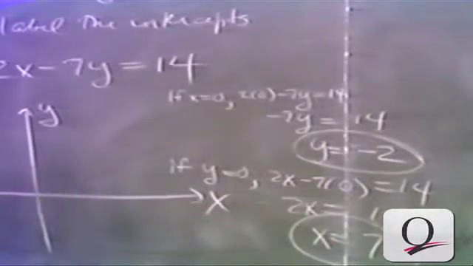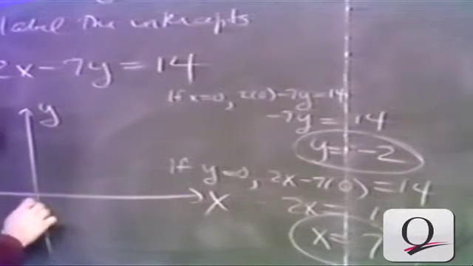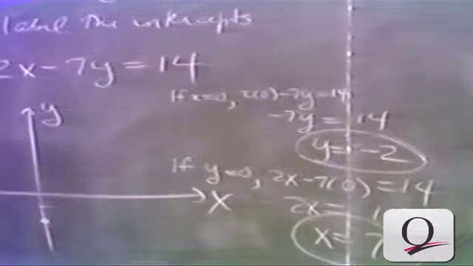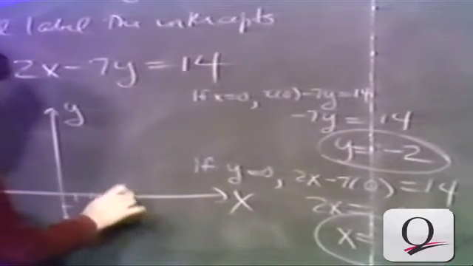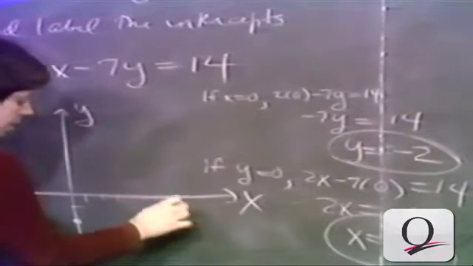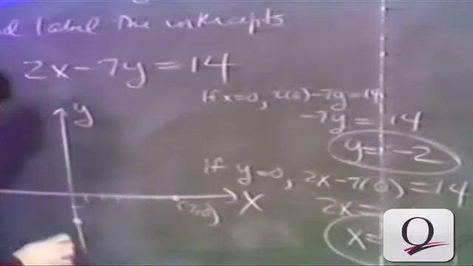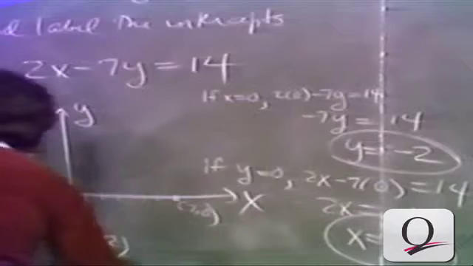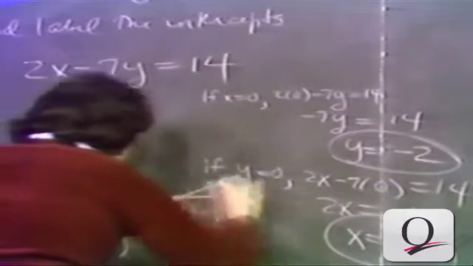That is, the line crosses the y-axis at minus 2 and the x-axis at 7. It goes through the points, therefore, 7, 0, and 0, minus 2. And it looks something like that.